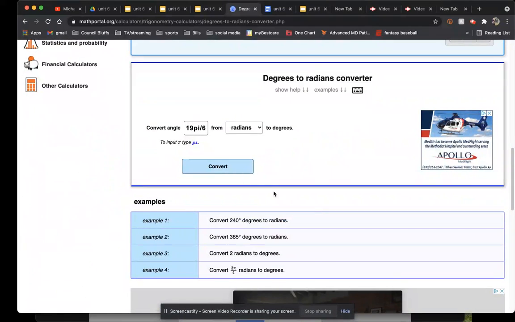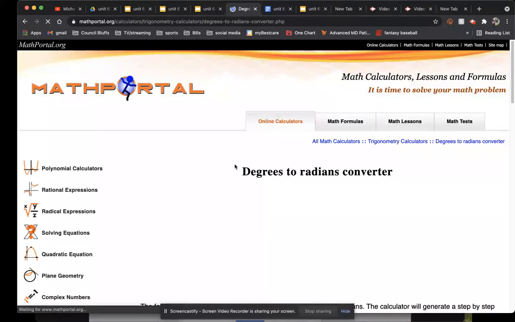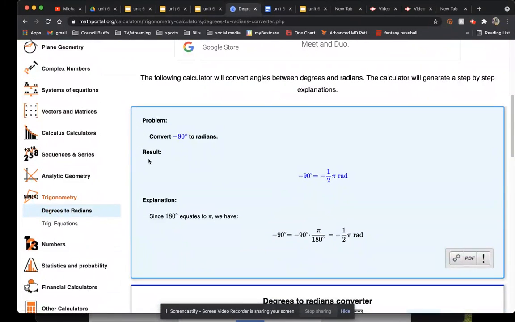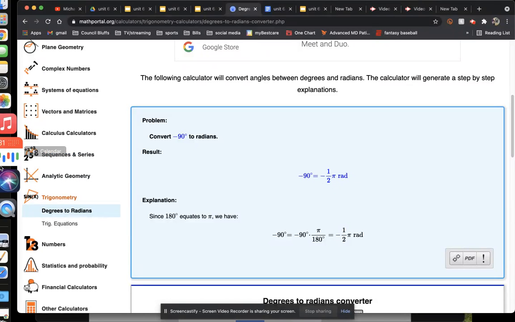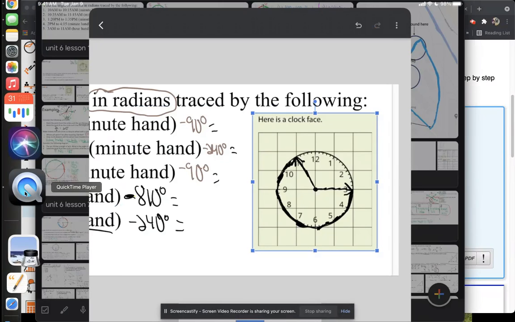First we're going to convert negative 90 degrees to radians. That's going to be negative 1/2 pi, or negative pi over 2. And that's also going to be the answer to number 3, negative pi over 2.